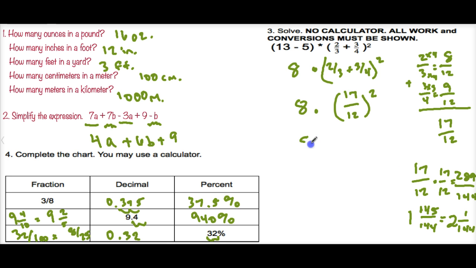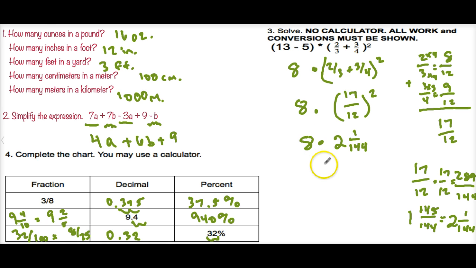So I'll come back over here. And now I need to, you know what, I should have probably just kept it. I wasn't thinking what my next step was. I should have kept it in this form here to multiply. As long as you distribute the 8 to both parts, you'll be fine.